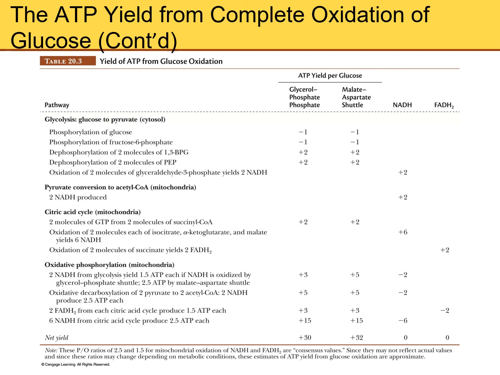Oxidative decarboxylation of 2 pyruvate to 2 acetyl-CoA produces 5 for both pathways. 2 FADH2s produce 3 for both pathways, and 6 NADHs, which come from the citric acid cycle, produce 15. So overall, if a tissue type uses the glycerol phosphate shuttle system, they're going to produce 30 molecules of ATP. If a tissue uses the malate aspartate shuttle system, they're going to be able to produce 32 molecules of ATP for every glucose molecule that's oxidized.